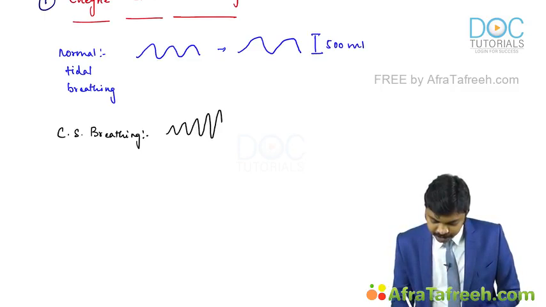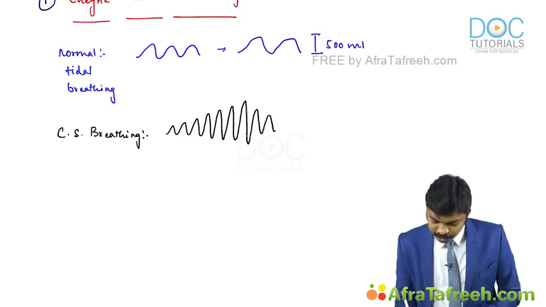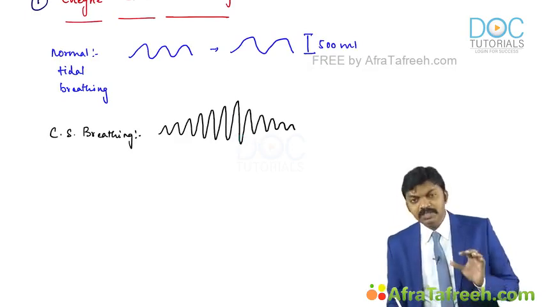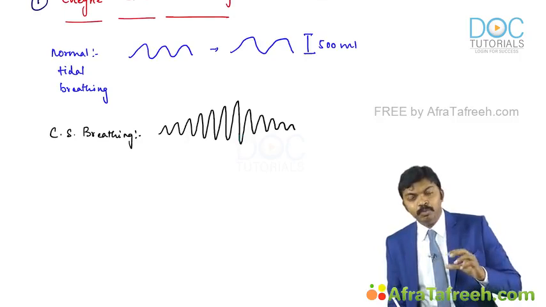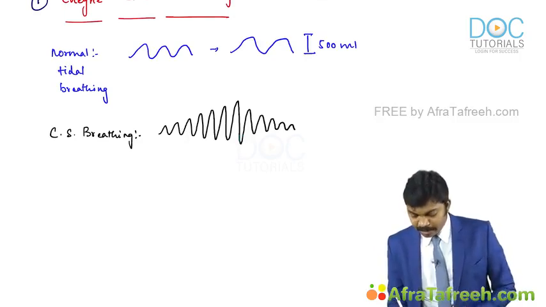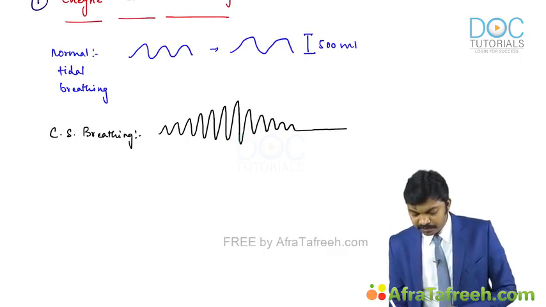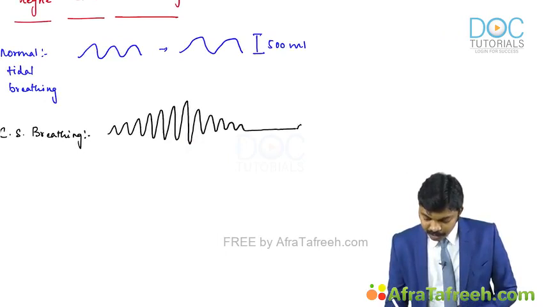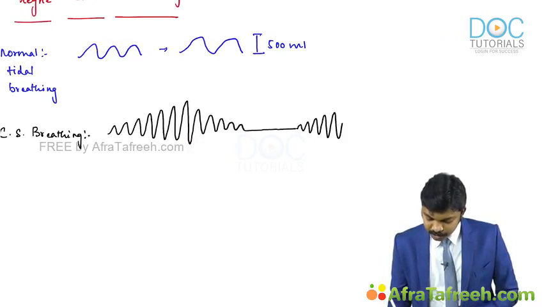So the minute ventilation gradually increases to reach a peak, and then there is a gradual decline in the tidal ventilation and volume taken in. Once the respiratory movement reaches the minimum possible limit, it goes into apnea. For a period of some 10 to 15 seconds, there will be a phase of apnea, which is again followed by a gradual increment in magnitude of breathing, doctors.